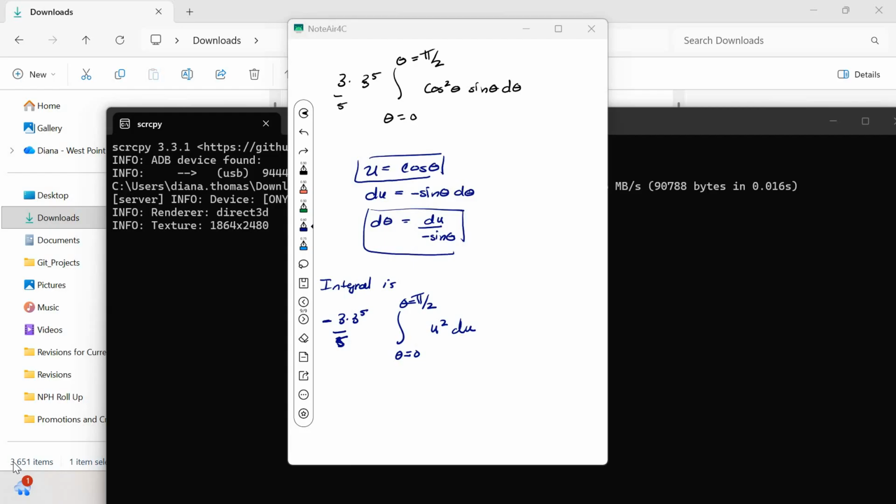And now I can integrate that. That's minus 3/5 times 3 to the 5th times u, which was really cosine theta, cubed over 3. I'm going to put the over 3 on this side again, throw it outside.